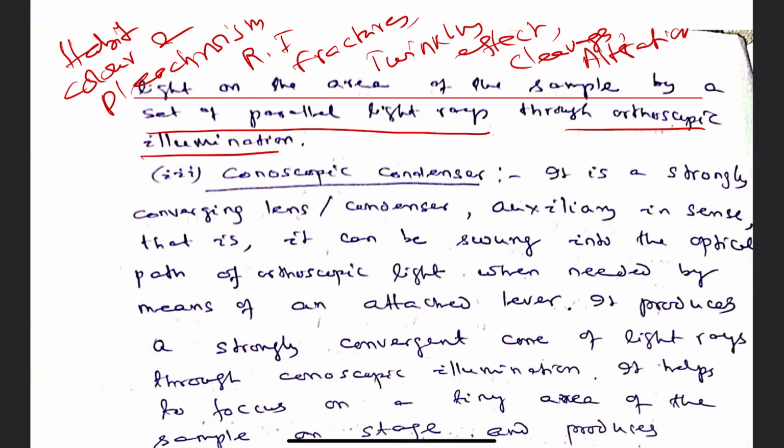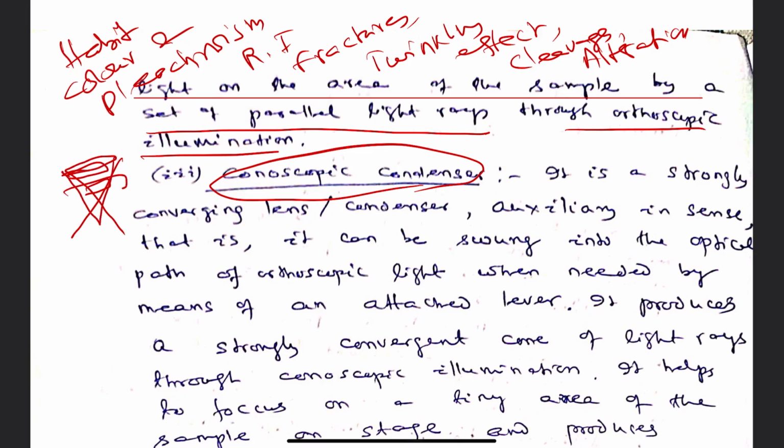But when we talk about conoscopic condenser, it provides a cone of light rays, or we provide convergent light source.